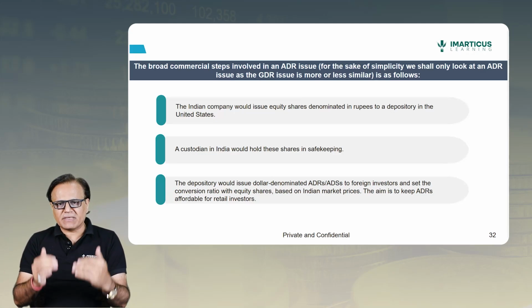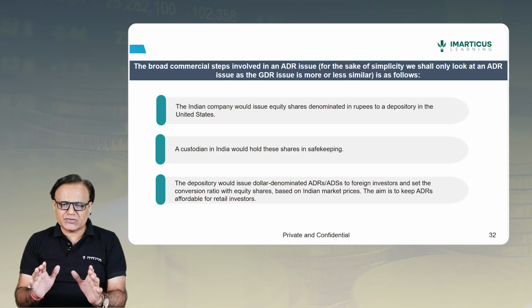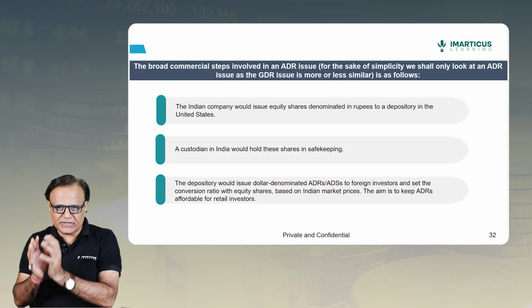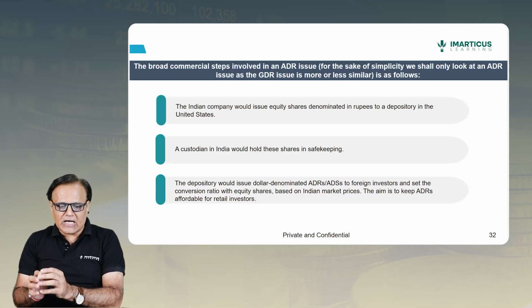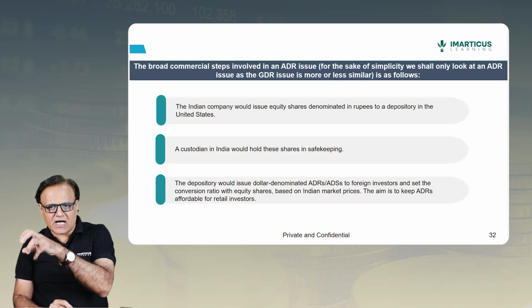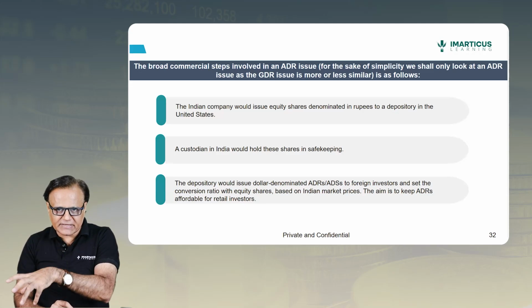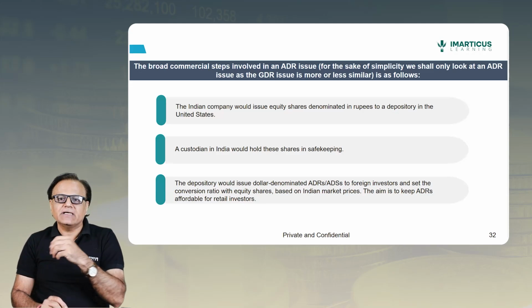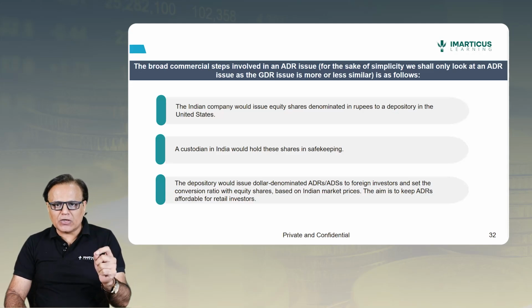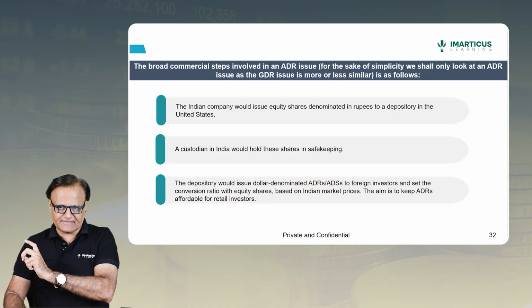So coming back to the process, a custodian in India would hold these shares with them. Now, the depository, whose shares are being held by the custodian locally here in India, would issue dollar-denominated ADRs which represent these shares.